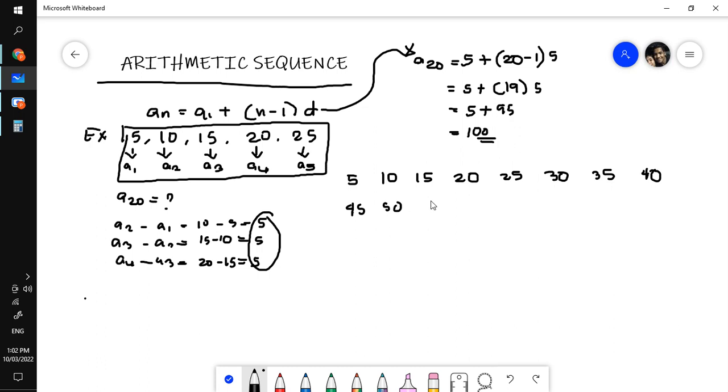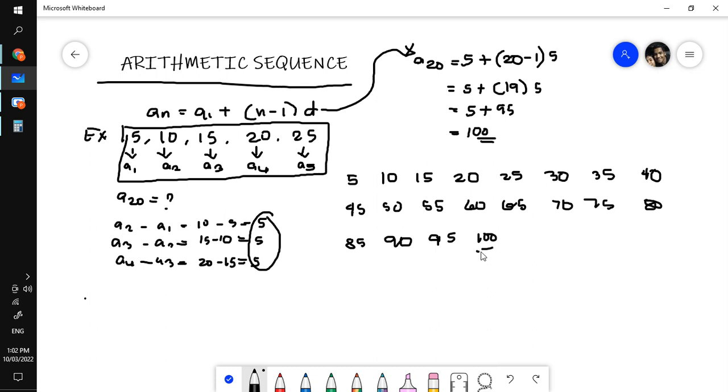We have 50, 55, 60, 65, 70, 75, 80, 85, 90, 95, 100. So we just simply added 5 to each term because our common difference is 5.